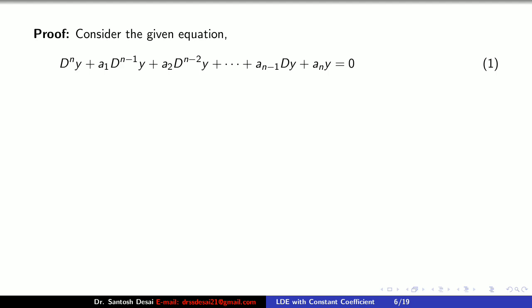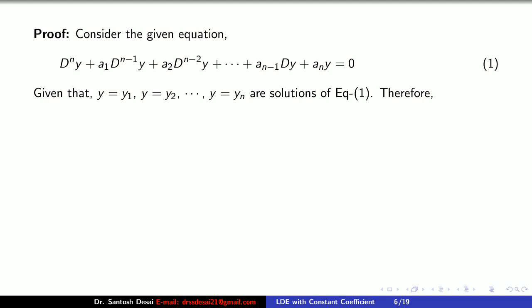This is given equation and call this equation as 1. Now it is given that y is equal to y1, y is equal to y2 and so on, y is equal to yn are solutions of equation 1. So as y is equal to y1 is the solution, so y1 must satisfy equation 1.